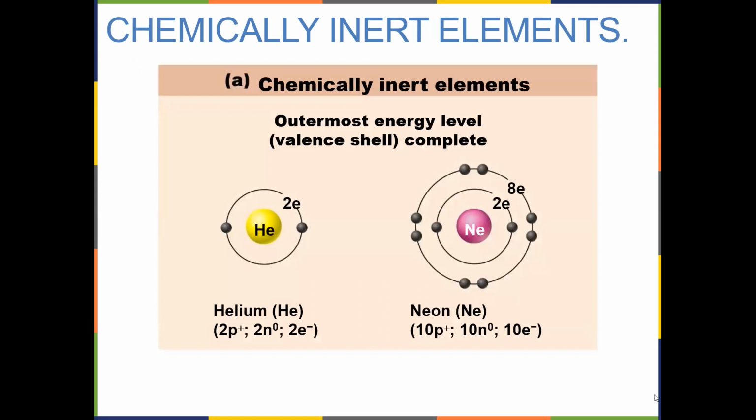Now, some atoms are already stable. Here we have helium and neon, 2 of the noble gases. We call them noble gases. They're lined up on the far right-hand side of the periodic table, one on top of another. They are completely stable. We call them inert. They can't react with anything. Helium has 2 electrons. Its valence shell is the first shell, the first orbital.